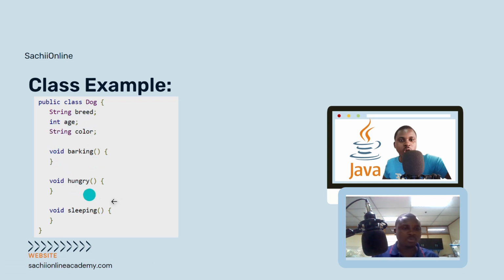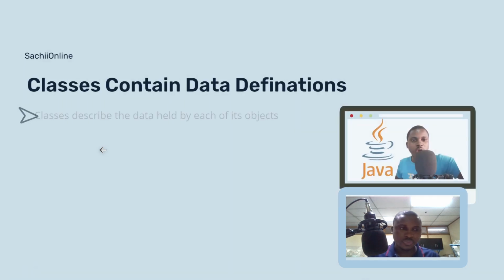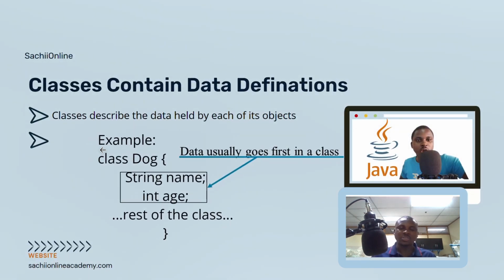So these are some of the things that we see in a class. So what are these things? Let's just explore. A class contains what we call data definitions, and remember, these data definitions are the characteristics of an object, because they actually describe an object.